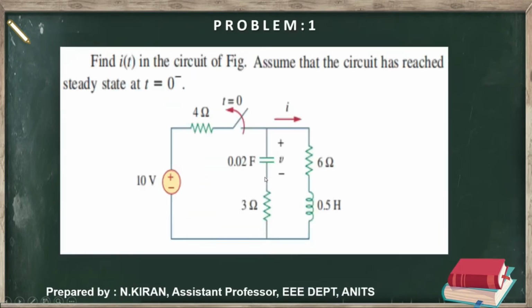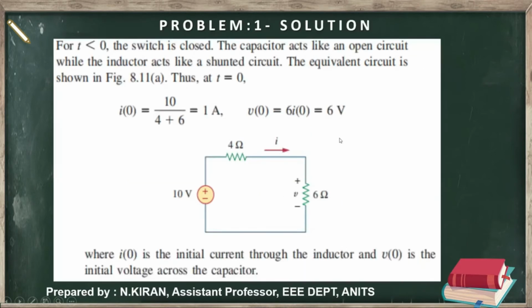Since the capacitor is open, this branch will not be considered. And the voltage across the capacitor, V of 0 minus, is nothing but 6 into i of 0, which will be 6 volts, where i of 0 is the initial current through the inductor and V of 0 is the initial voltage across the capacitor.